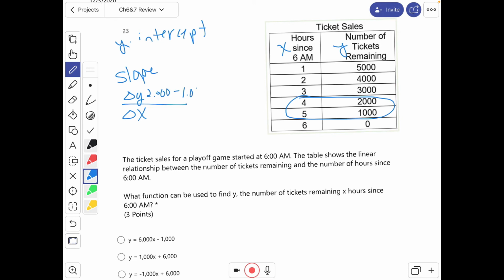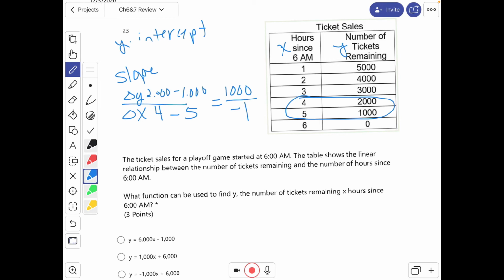So 2,000 minus 1,000. And the x that goes with 2,000 is 4, and the x that goes with 1,000 is 5. 2,000 minus 1,000 is 1,000. 4 minus 5 would be negative 1.